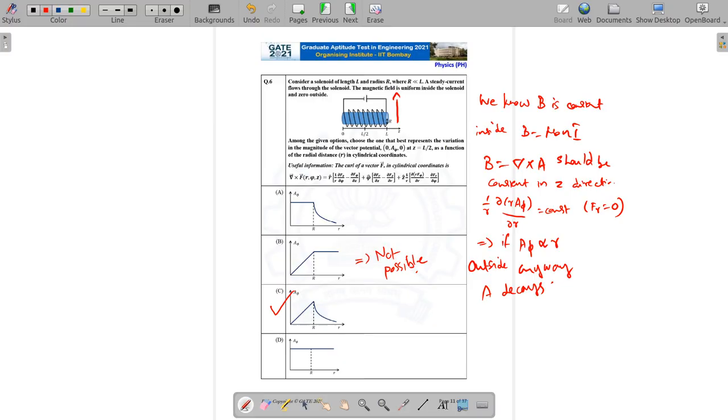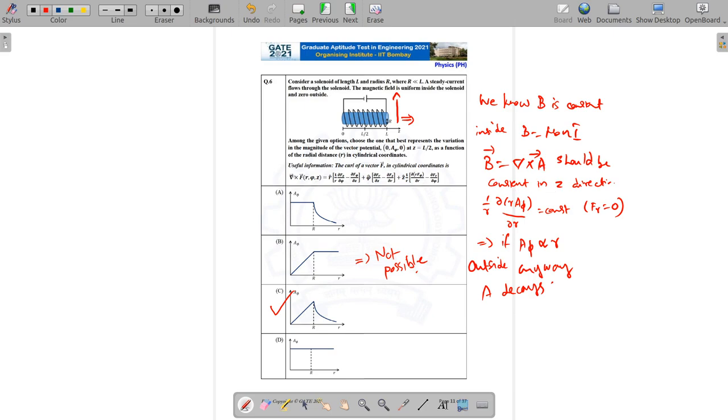A phi is the phi component of the magnetic vector potential A. So the magnetic vector potential has this relation with vector B. The magnetic field is given by curl of magnetic vector potential, curl A is B. So we know that inside the solenoid B is constant, so constant along this direction. So that means this curl A should be a constant in z direction.